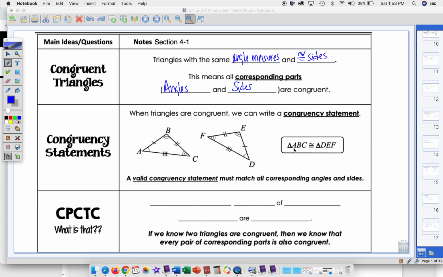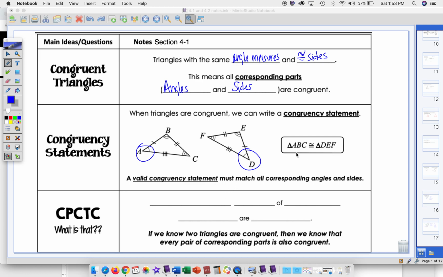If triangle ABC is congruent to triangle DEF, then I know right away that A and D are going to be congruent. And as you can see, they have the same marking. I can also see from the statement that angle B is congruent to angle E, and they have the same marking. And of course, C then and F would be congruent.